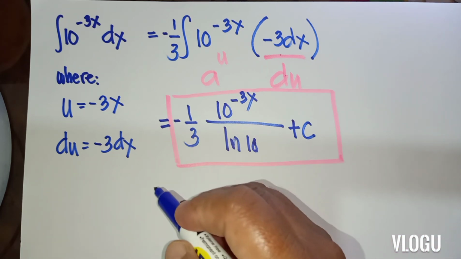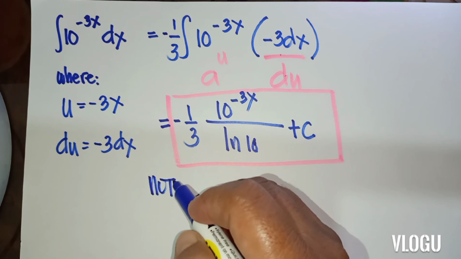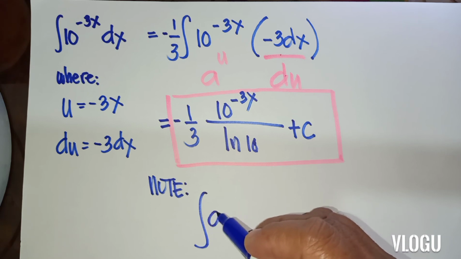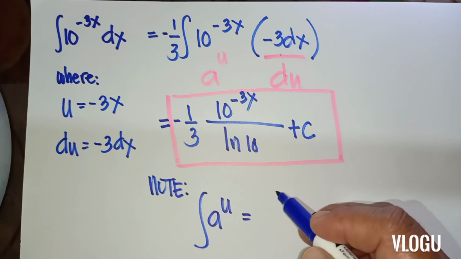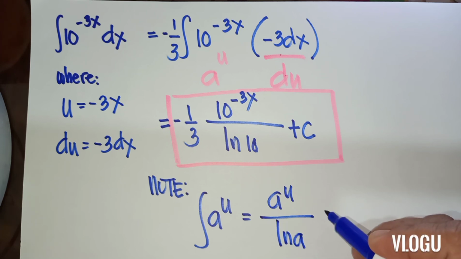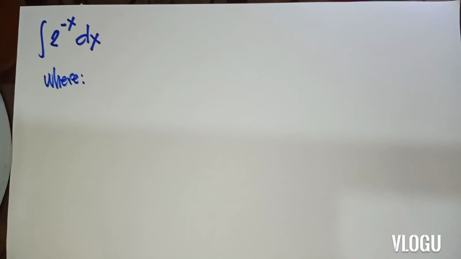Okay. Note, the integral of a to the u du is a to the u over ln of a plus c. Next example is the integral of 2 to the negative x dx.